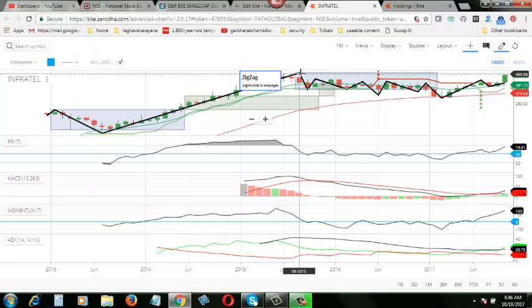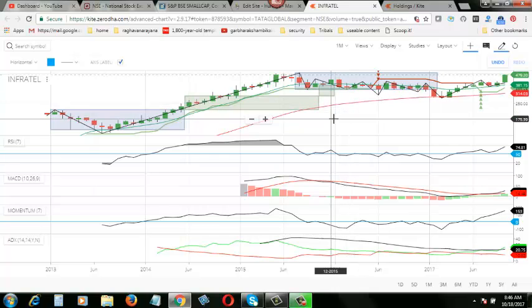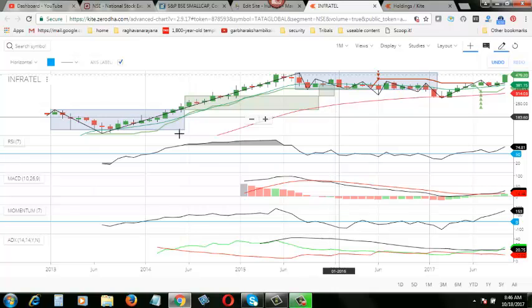This is a very bad sign. What is happening since 2015 is that this particular stock is moving sideways. It is not making any new trends, either in the upward direction or in the downward direction.